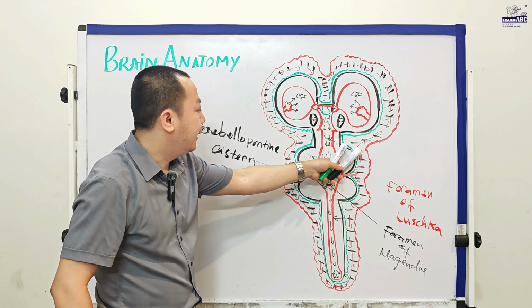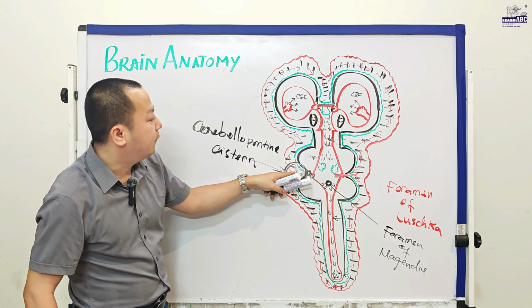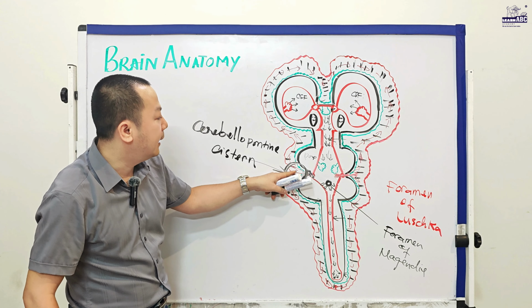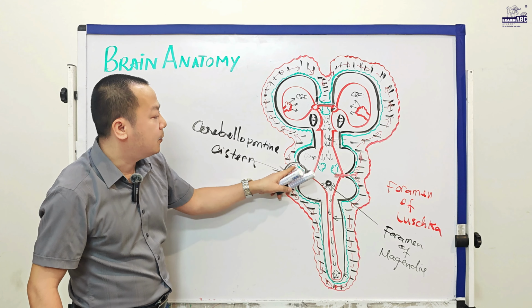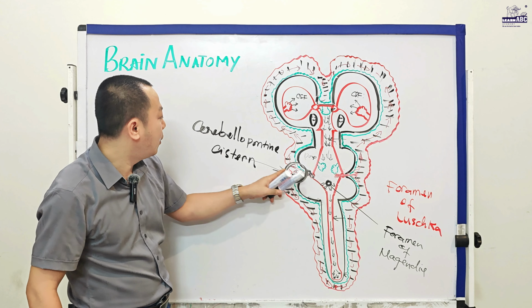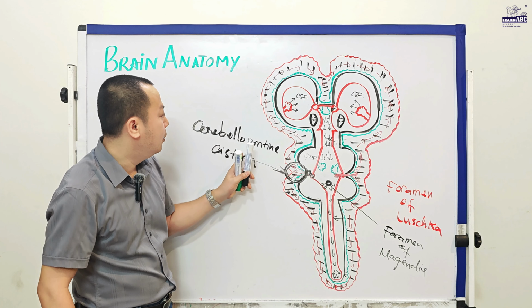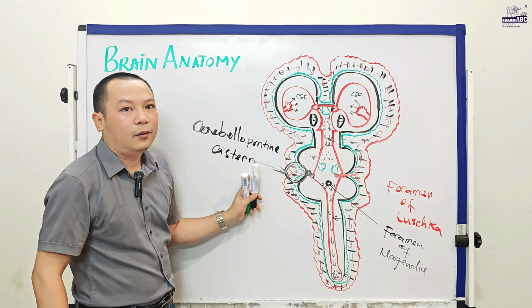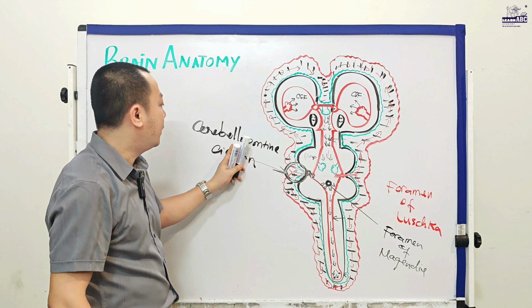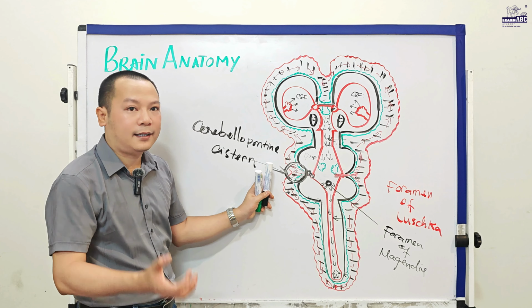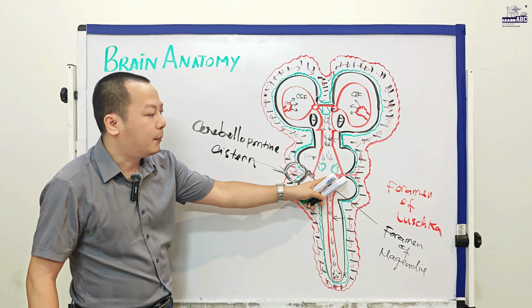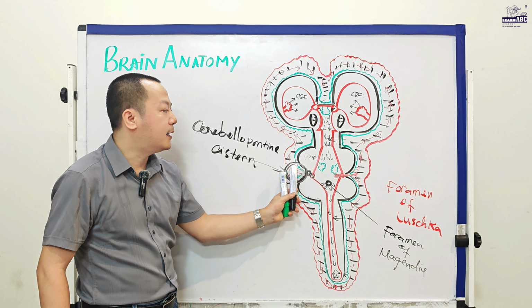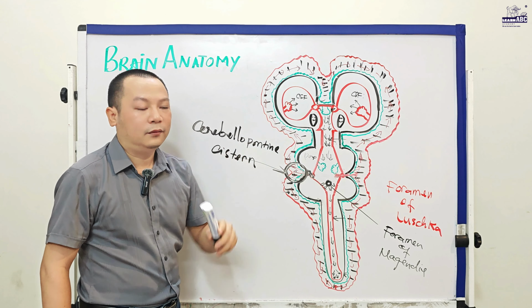And the junction of the cerebellum and the pons makes a big space here. We call that cerebellopontine cistern. So remember, the cerebellopontine cistern is where the CSF comes out from the foramen of Luschka, from this side and from this side too, right?